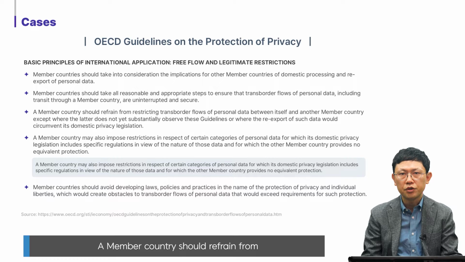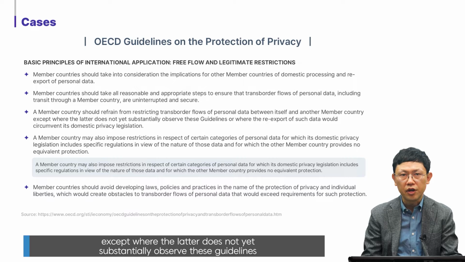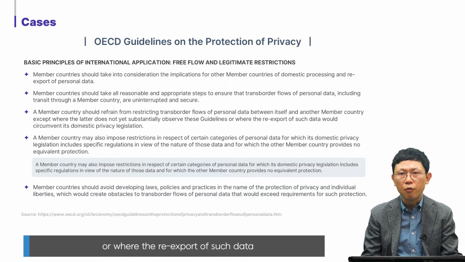A member country should refrain from restricting transborder flows of personal data between itself and another member country except where the latter does not yet substantially observe these guidelines, or where the re-export of such data would circumvent its domestic privacy legislation.